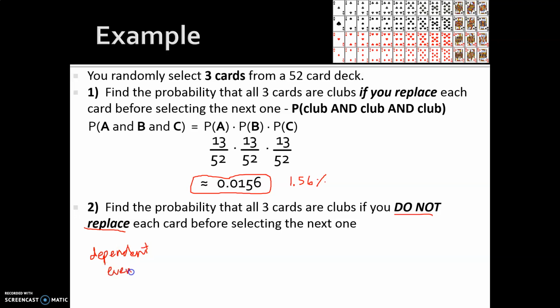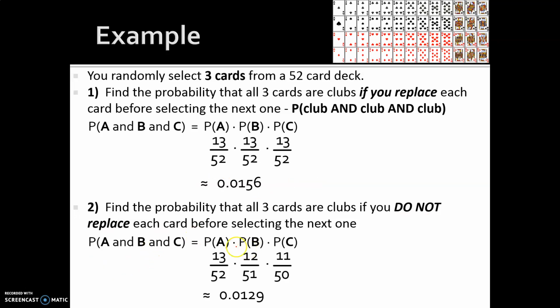So here you're looking at a scenario of dependent events. And this time, the probability of the first card is still 13 out of 52 because there are 13 clubs, 52 cards. But notice the denominator. Each time it's reducing by 1 because you're taking 1 card out. And the numerator reduces by 1 each time because you're taking a club out.